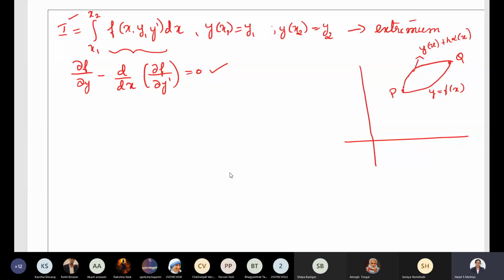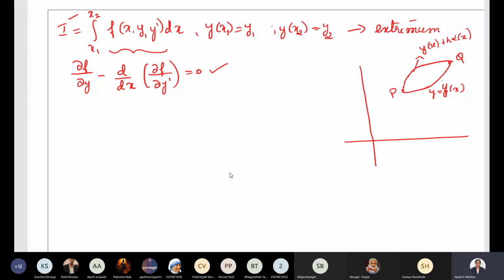If I take y equal to y of x, this curve will be a slight variation in the previous curve. So this will be y of x plus h times alpha of x. This h times alpha of x is the slight variation.